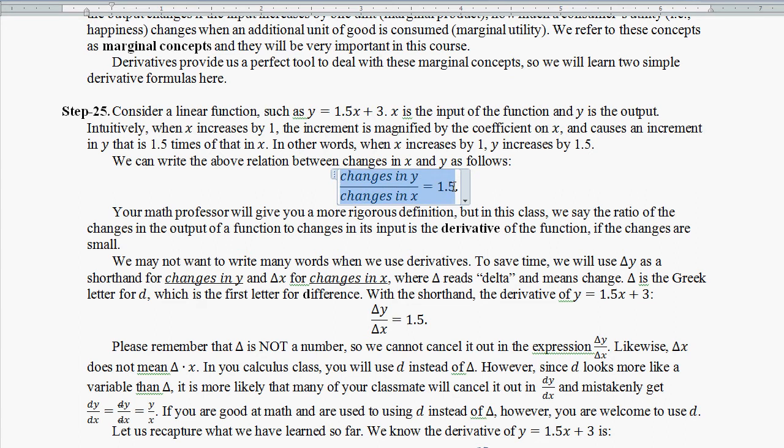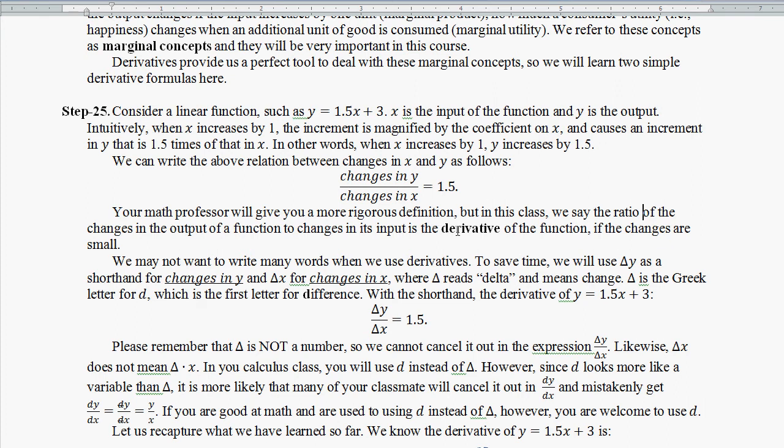Not difficult at all. However, this is the derivative. That's what we call the derivative. Not difficult, right? Your math professor may give you a very rigorous definition for derivatives, but in this class, the ratio of the changes in the output of a function to the changes in its input is the derivative of the function.